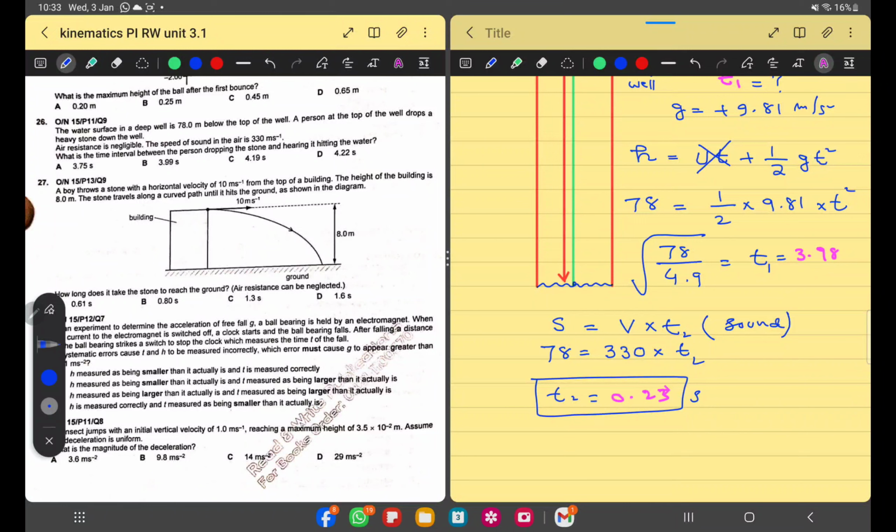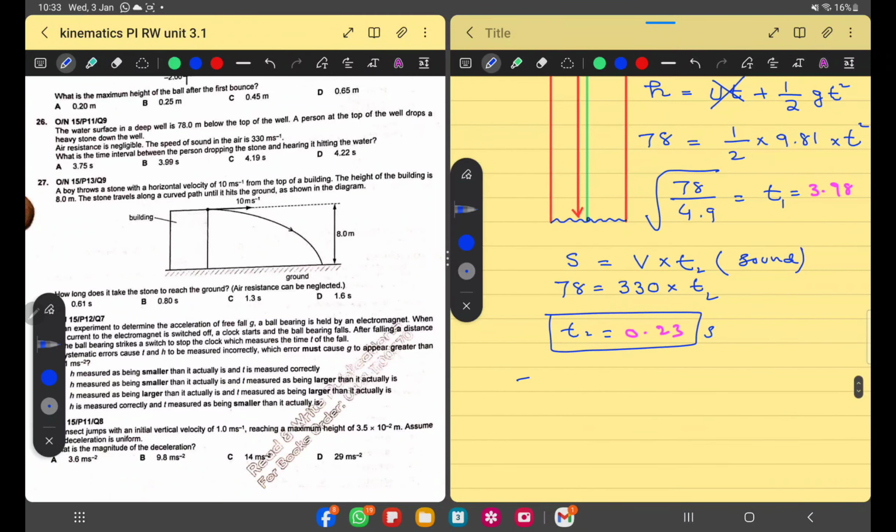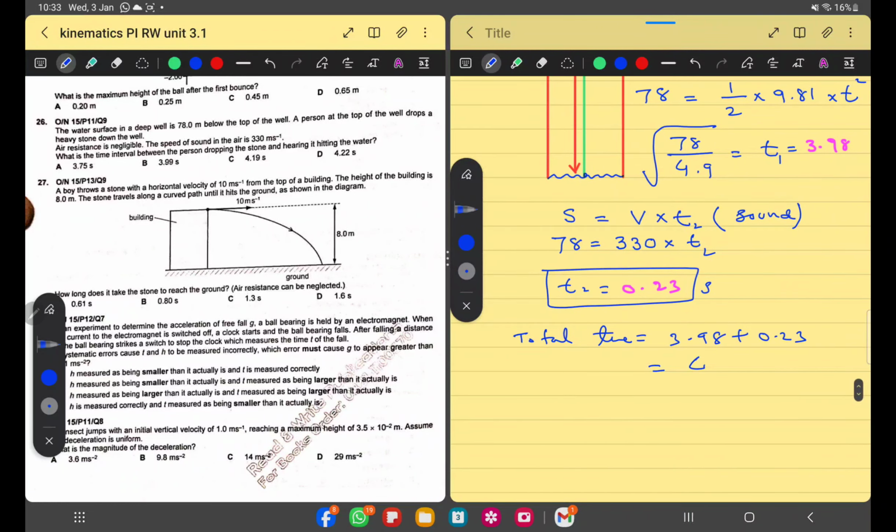If I add 3.98 with this number, then the final answer is 4.21. Total time becomes 4.21 second. It is the total time.